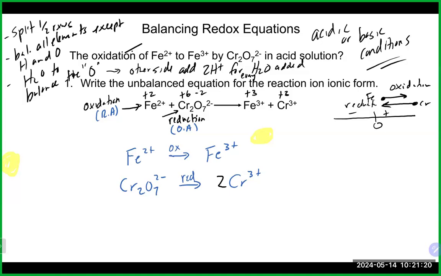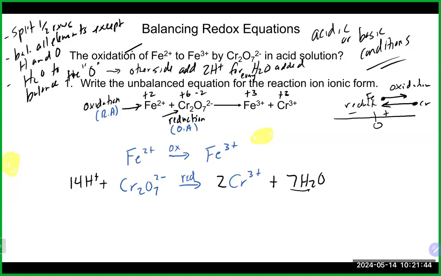For example, the top half reaction has no oxygen, so we don't have to worry about it. The bottom half reaction has 7 oxygens on the left, which means to balance it out on the right, we would need 7 waters to add the 7 oxygens. But once again, here we just added with that water 14 hydrogens, which then need to come to the other side to keep everything balanced.